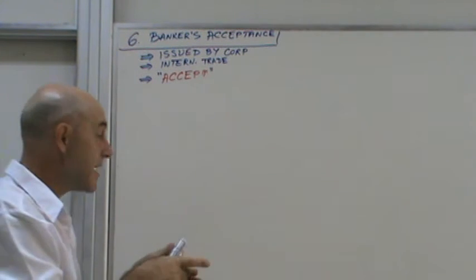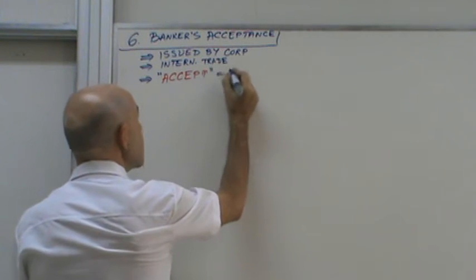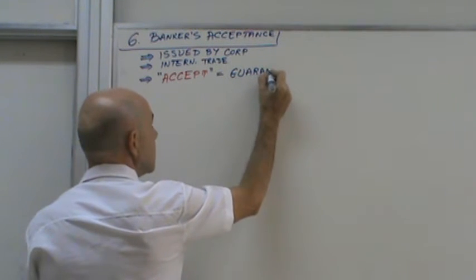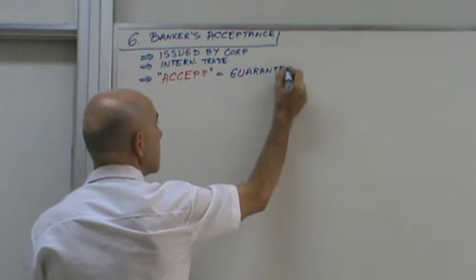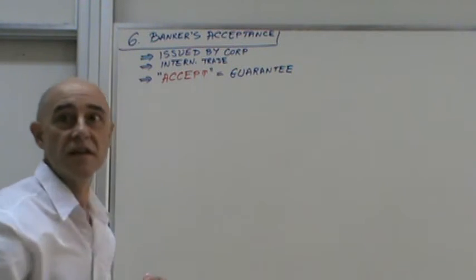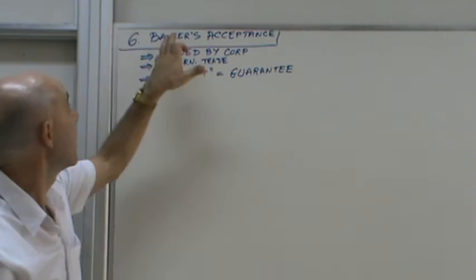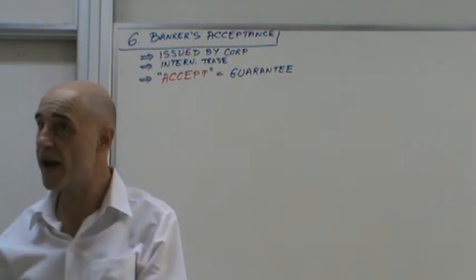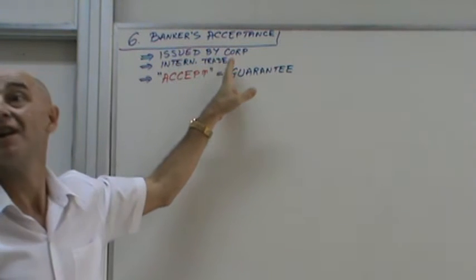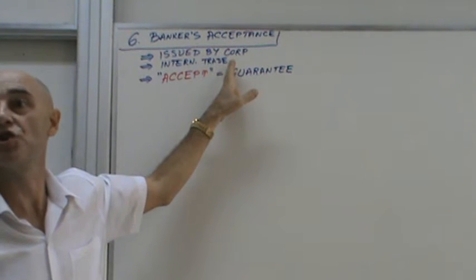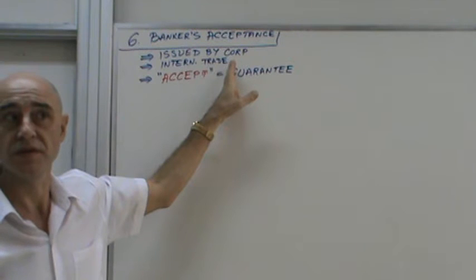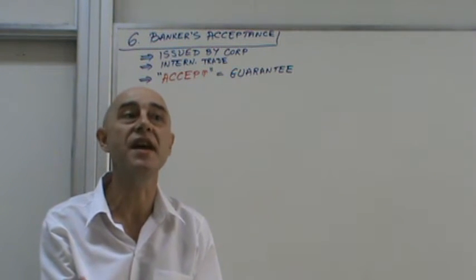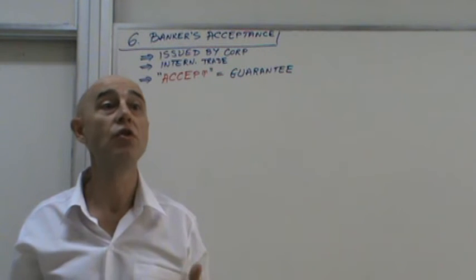So, to accept in this particular case has the meaning of a guarantee. The guarantee is made by the bank that the bank will pay if the issuer does not pay or if the issuer defaults.